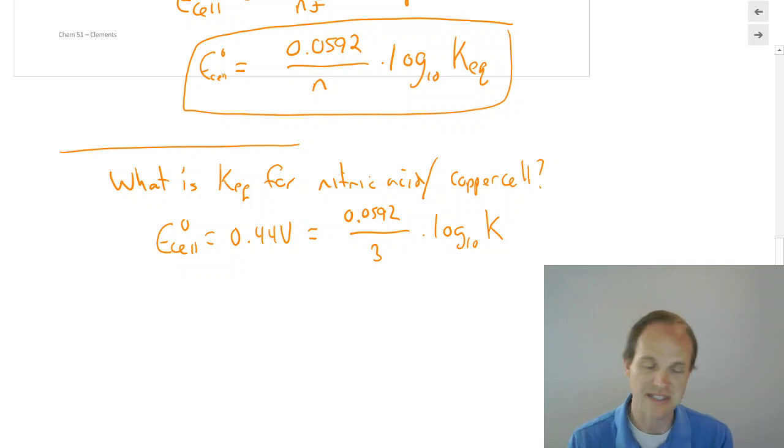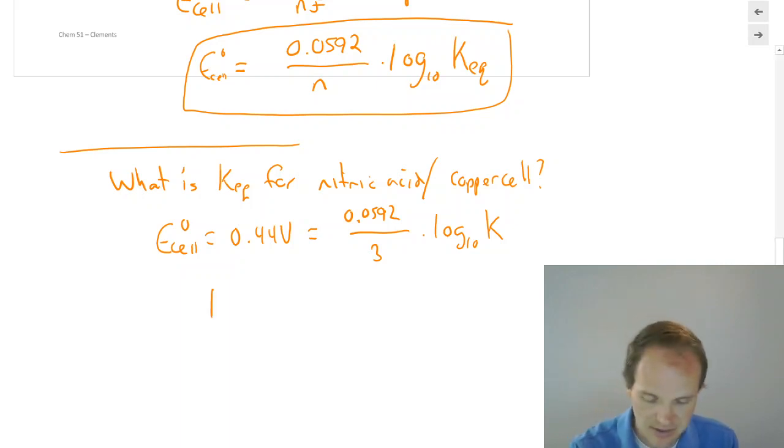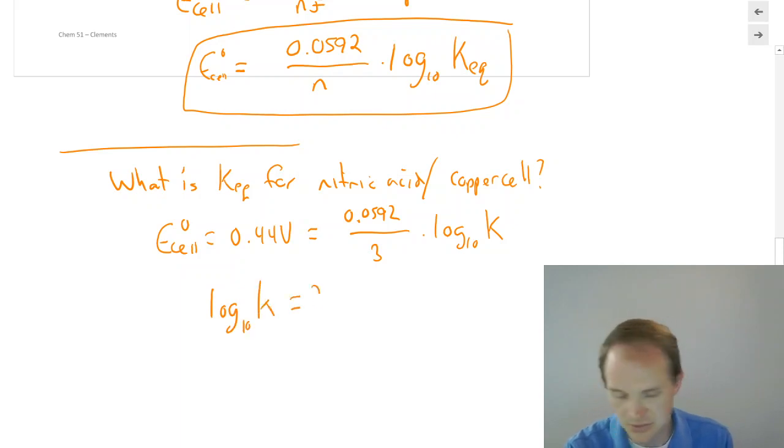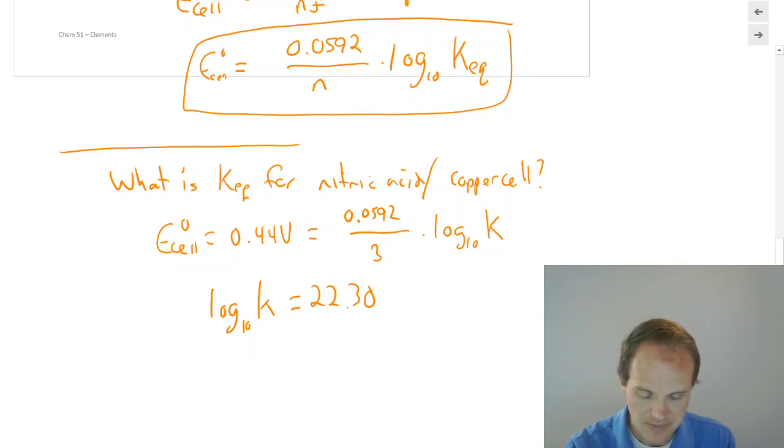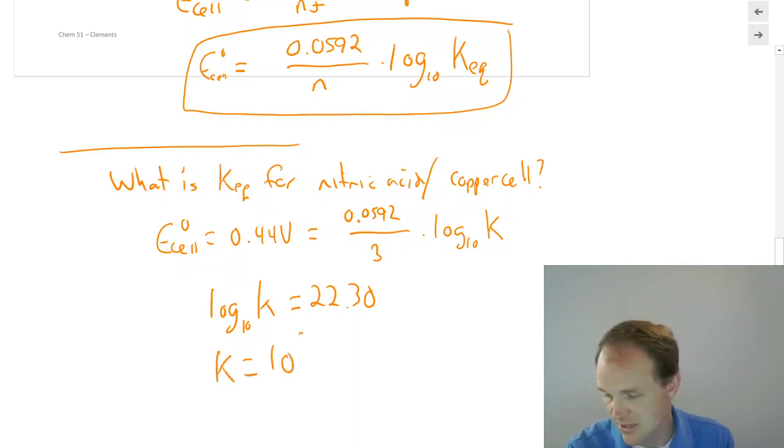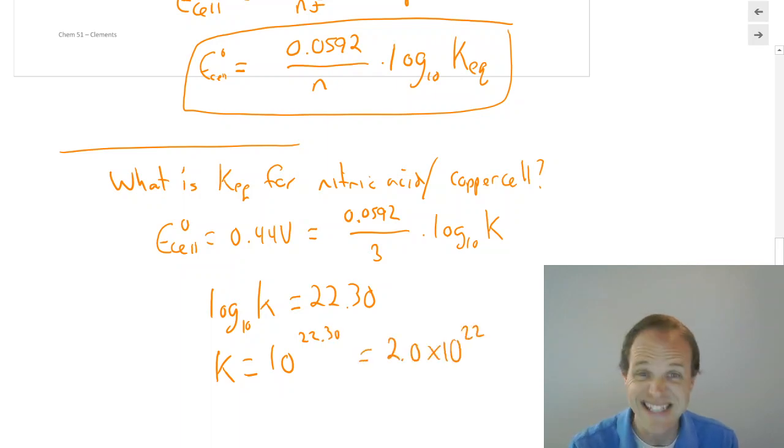Right, multiply both sides by 3, divide both sides by 0.0592, and you get that the log base 10 of K is equal to 22.30. And so K is equal to 10 to the 22.30, or 2.0 times 10 to the 22nd.